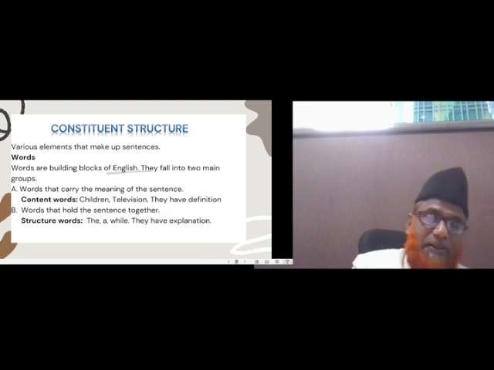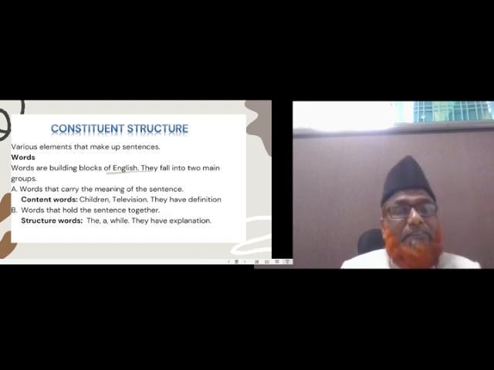On the other hand, words that hold the sentence together, they have no meaning, but they glue the sentence, with words like the, while.